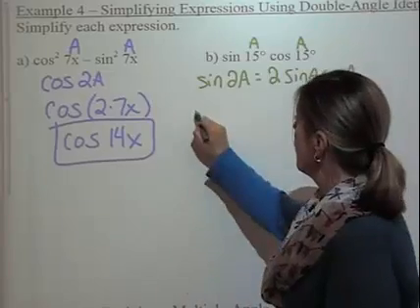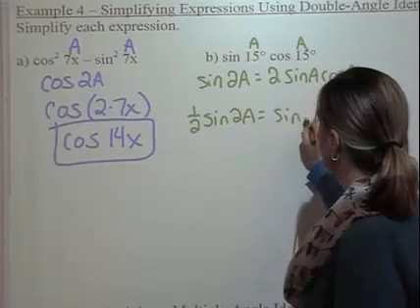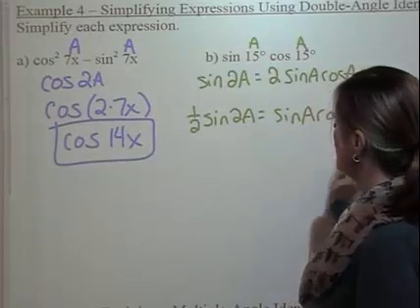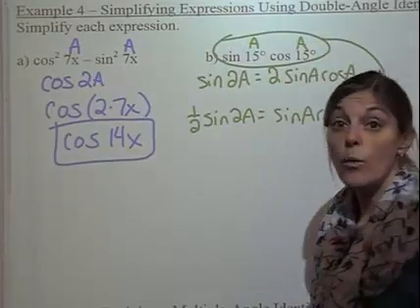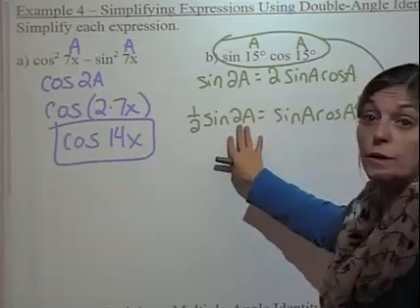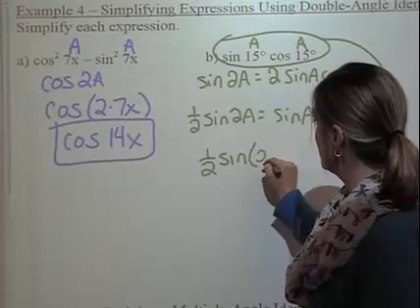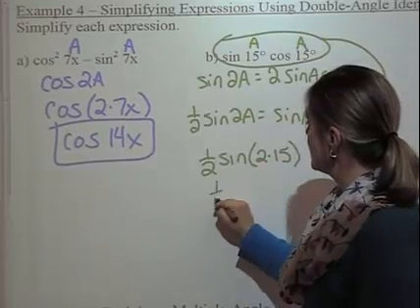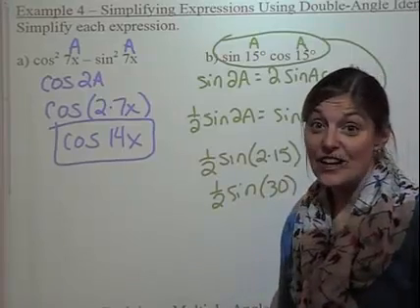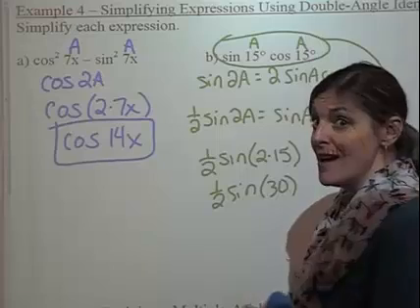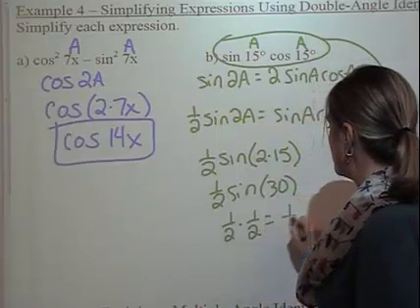So we have 1/2 sine of 2A equals sine A cosine A. Well, that's the same thing. This is what we have right here. What was A? 15. So we can just plug A into here. So we have 1/2 sine of 2 times 15, which is 30. And we know what the sine of 30 is, right? Yeah, it's 1/2. So we have 1/2 times 1/2, which is 1/4.